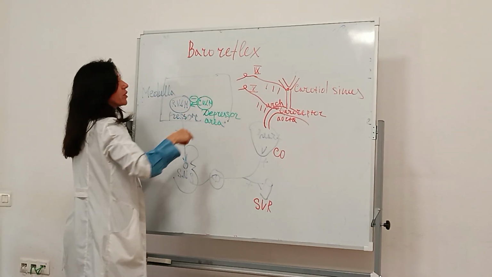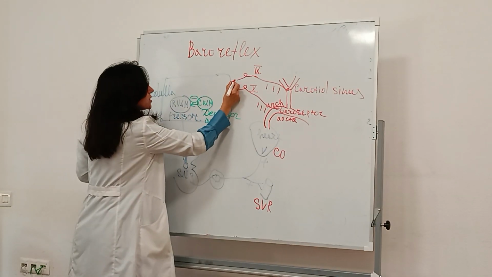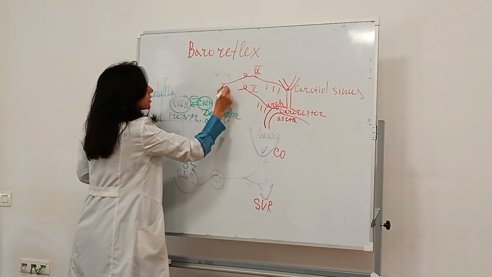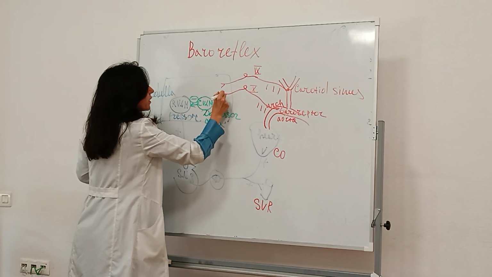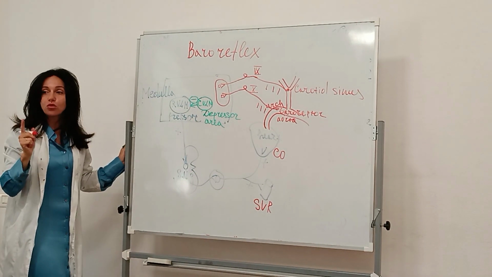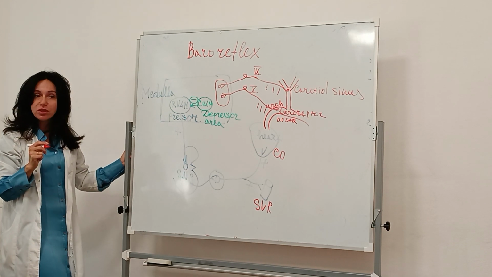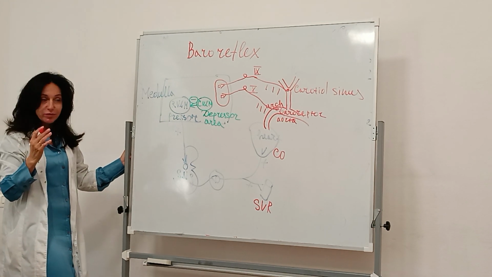The first afferent neurons are located in peripheral ganglia, and then it relays in the afferent nucleus. This is the nucleus tractus solitarius.